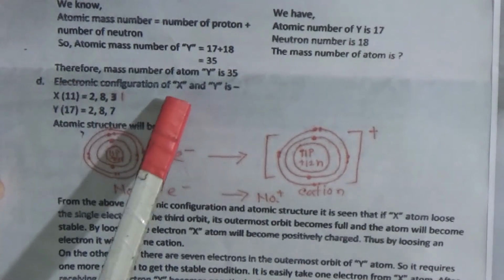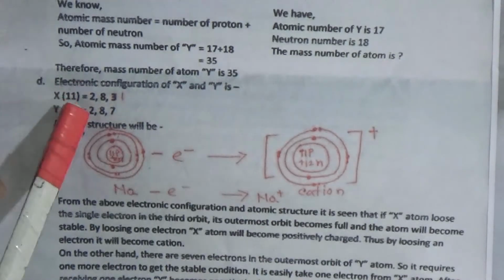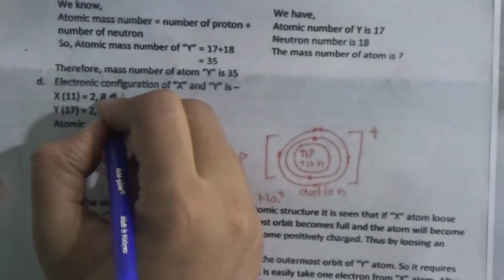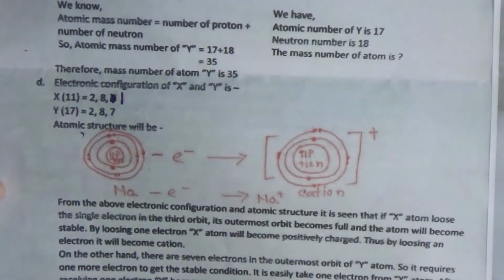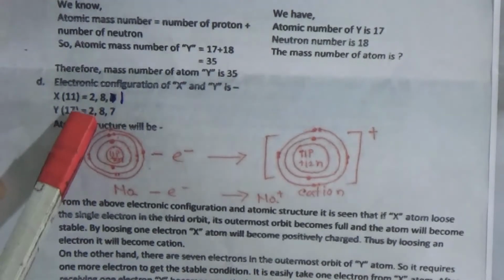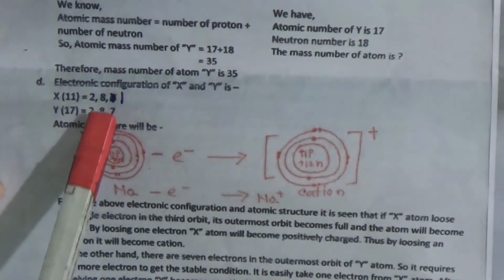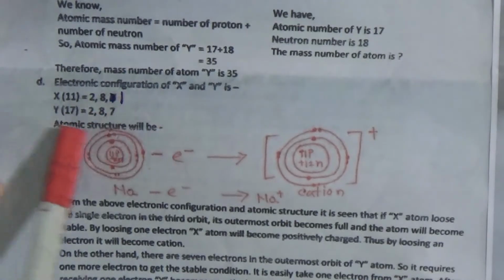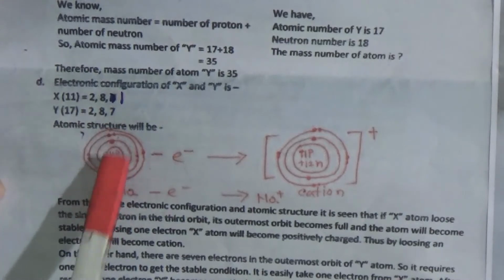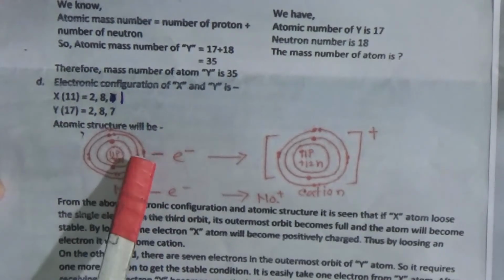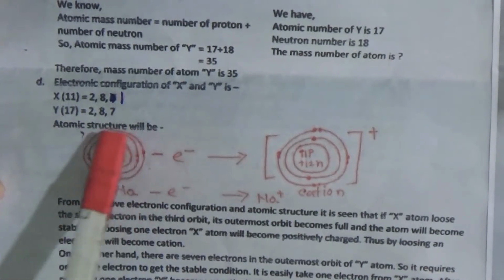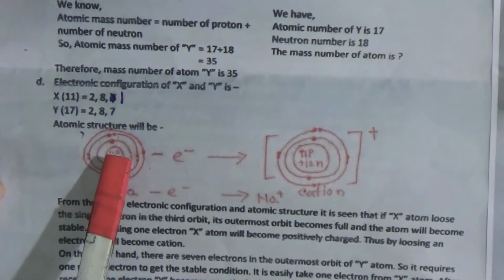Electron configuration of X and Y: X is atomic number 11, its electronic configuration is 2, 8, 1. Now come to Y, its atomic number is 17. The electronic distribution will be 2, 8 and 7. The atomic structure, for the first one X: in the outermost layer only 1 electron, in the second orbit there will be 8 electrons, in the first orbit there will be 2 electrons.